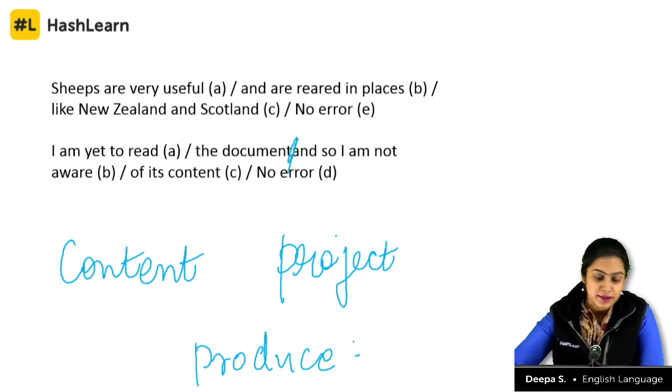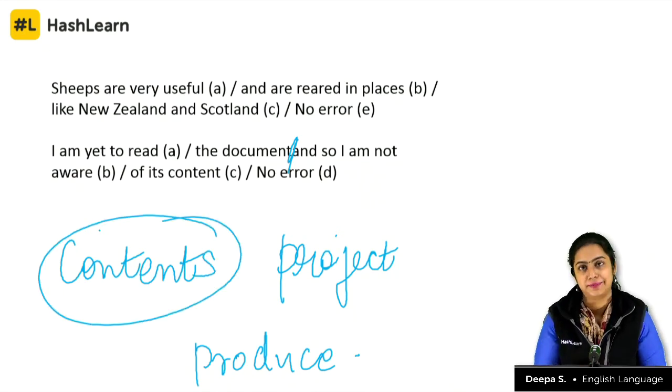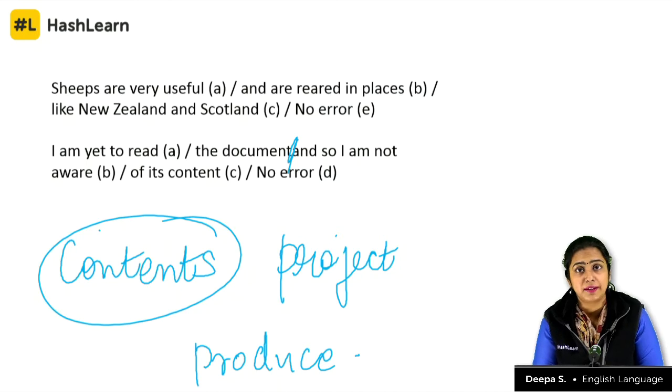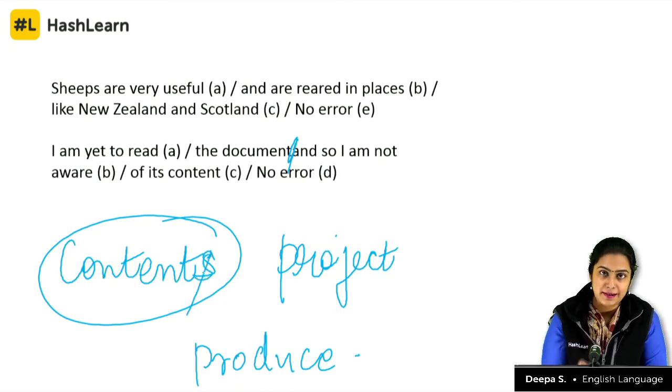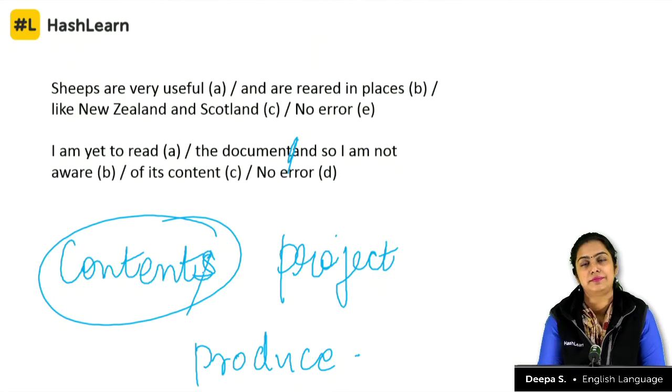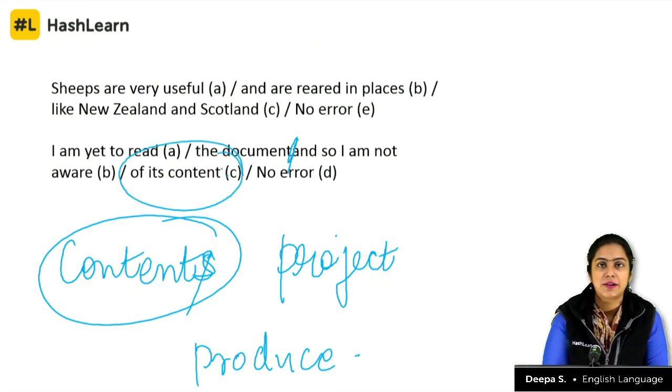But when you say contents, then it means whatever is inside. I haven't read the document yet. I don't know what it contains. Here in this case it is always contents and not content. So in this case C is your answer.